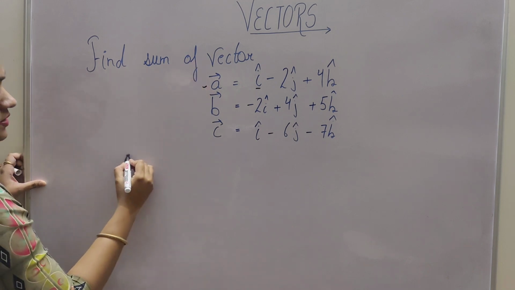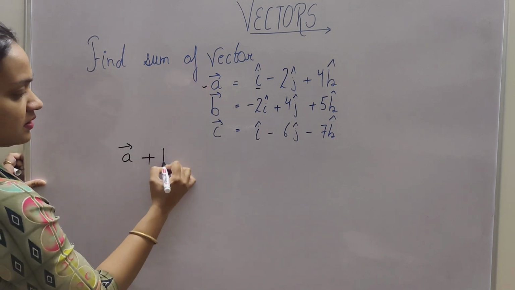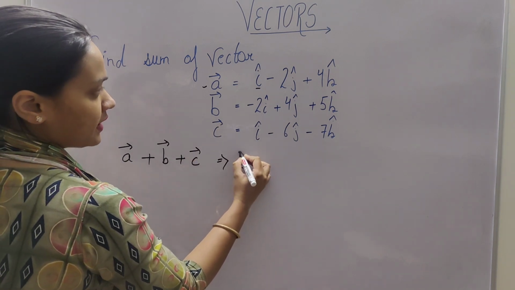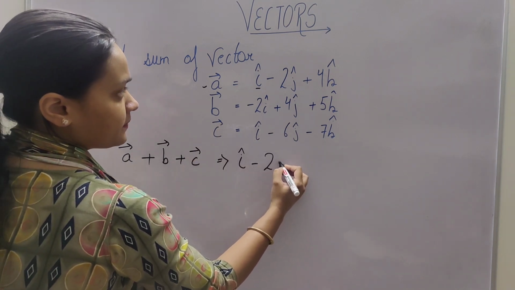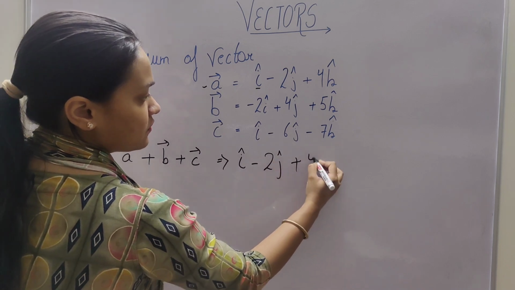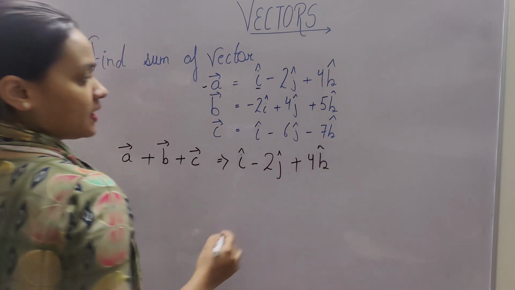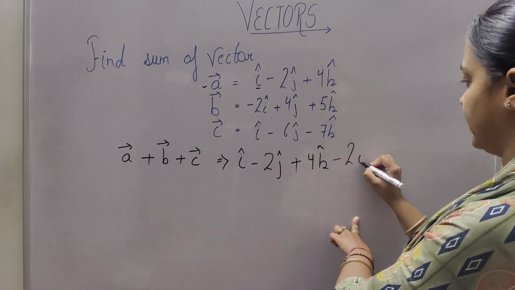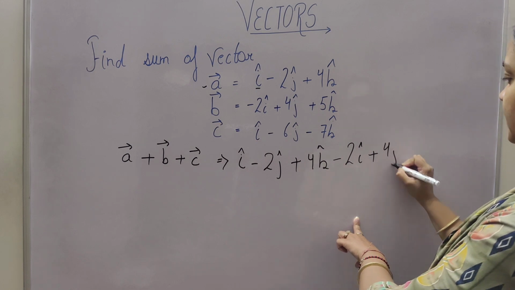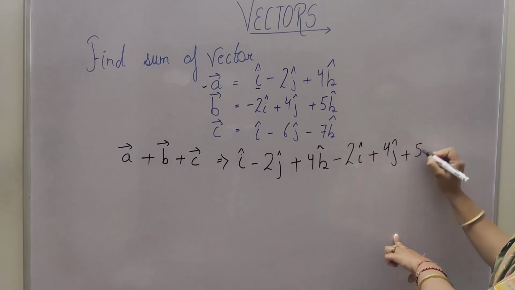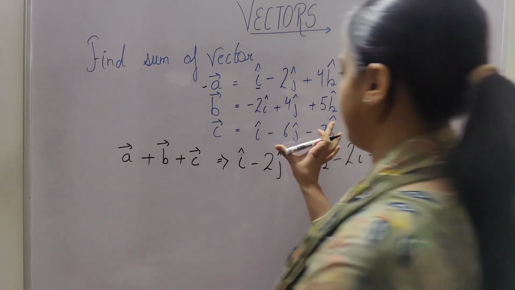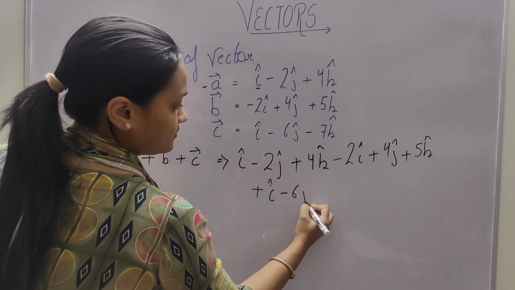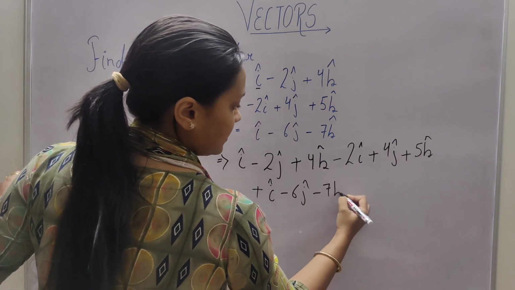So the sum of the vectors is A vector plus B vector plus C vector, which is equal to i plus 2j plus 4k, writing this, B vector minus 2i plus 4j plus 5k and adding C vector i minus 6j minus 7k.